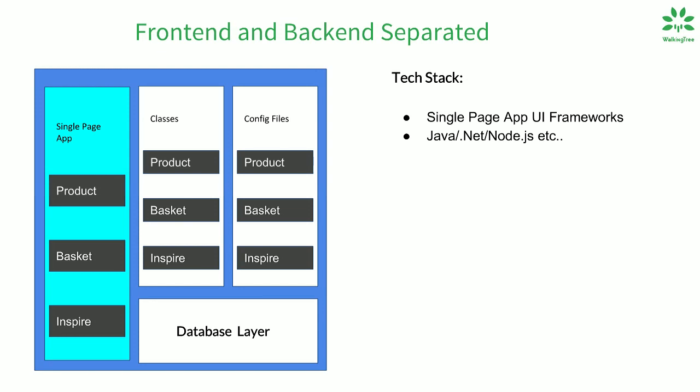The front end is a single page app, and the back end has REST services or SOAP services, some layer that is built. The front end is developed through single page app UI frameworks, and the back end is developed through Java, .NET, or Node.js.